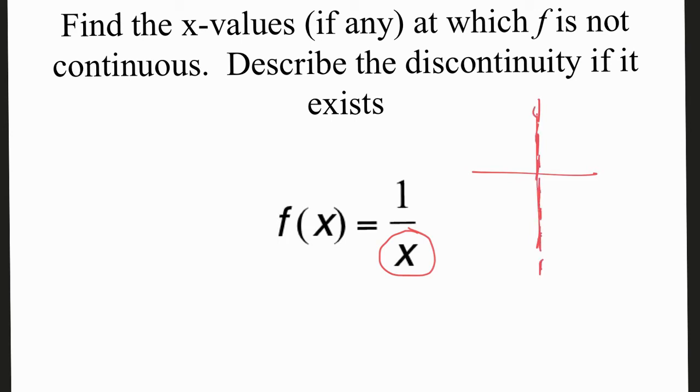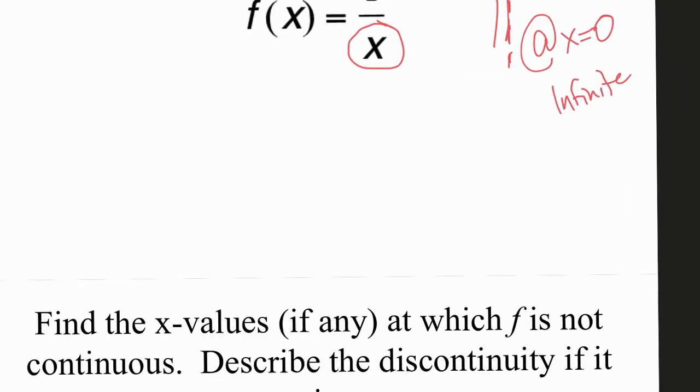I'm also hoping that you remember, and if not, maybe you're plugging in a couple x values, that this graph looks like this. So it is discontinuous at x equals 0, and the kind of discontinuity is infinite.